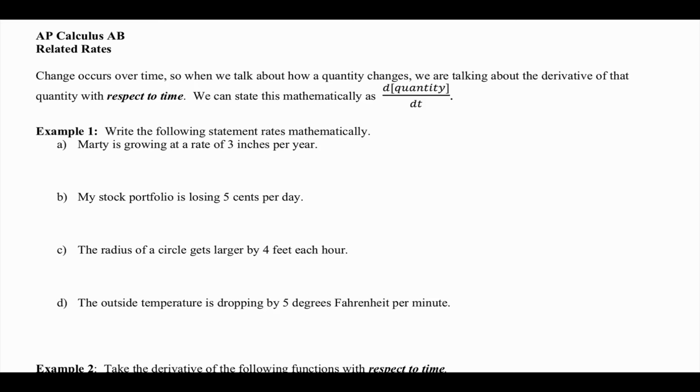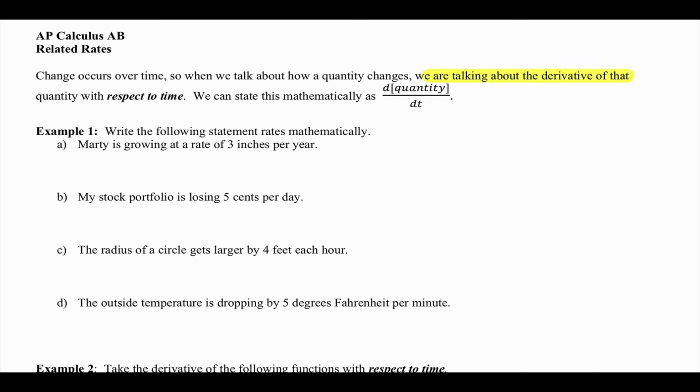So when we're talking about rates, it's always with respect to time, because change occurs over time. When we talk about how a quantity changes, we are talking about the derivative of that quantity. Okay? That's the key idea to related rates.